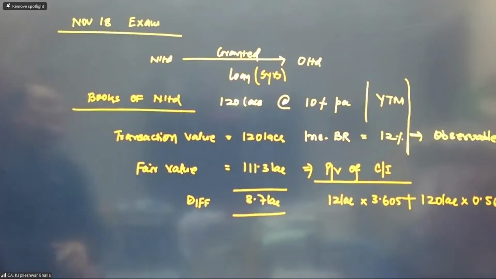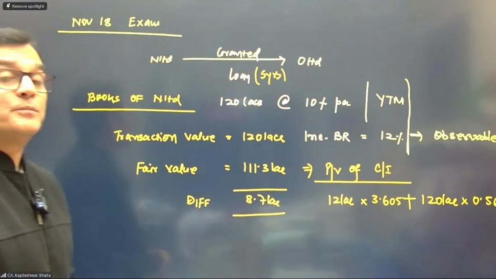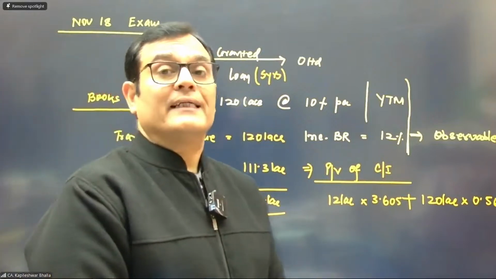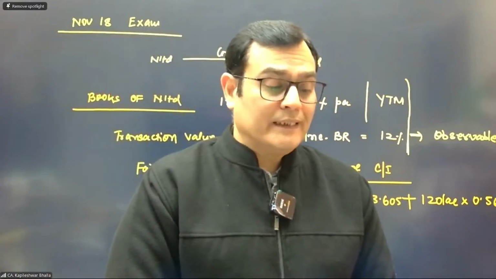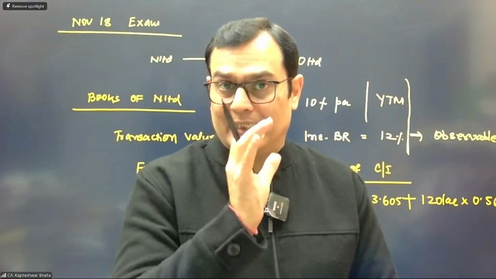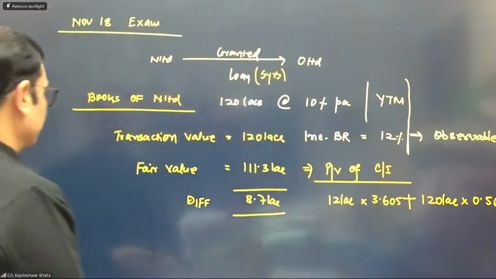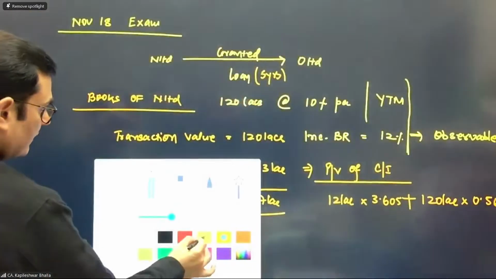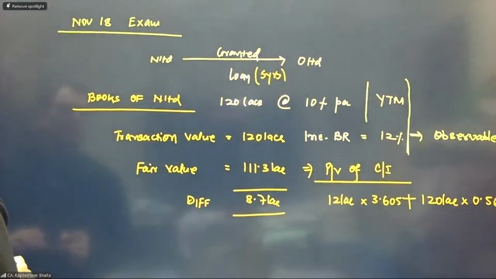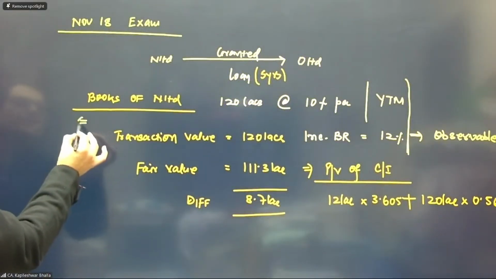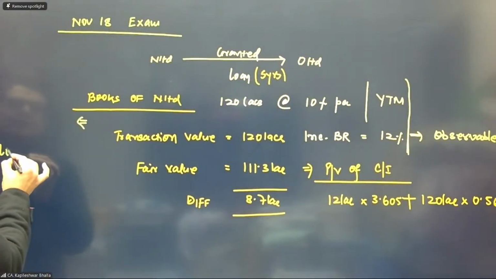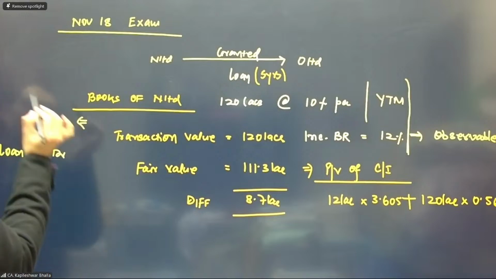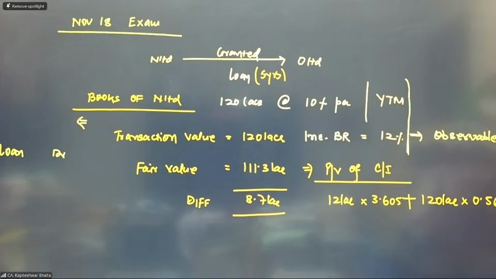Now, in this particular case, since it was a case of observable inputs, so my entry on day one will take a hit in the P&L. So let's see the entry also in the books of N. So let's have a look at the journal entry, which we are going to pass in the books of N. So he will put the entry loan that is a financial asset gets a debit.